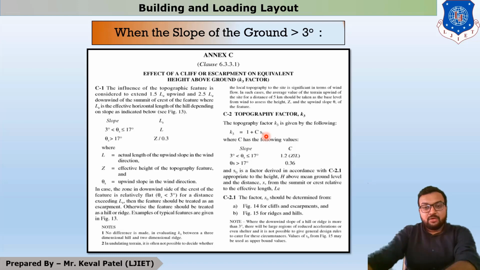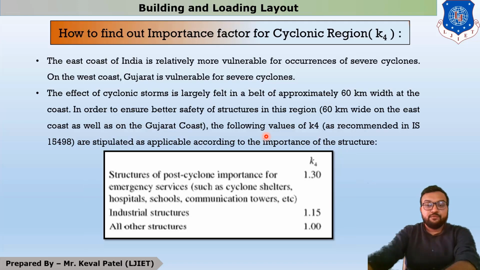Now, our last unknown, which is K4. So, students, what is K4? K4 is our important factor for cyclonic region, where the cyclone is continuously coming.